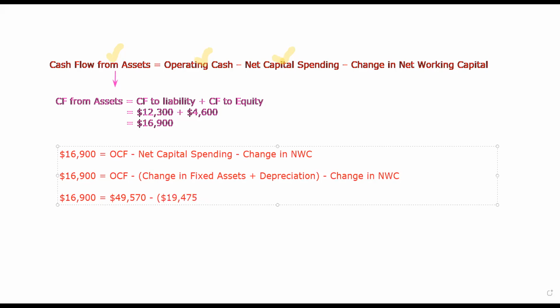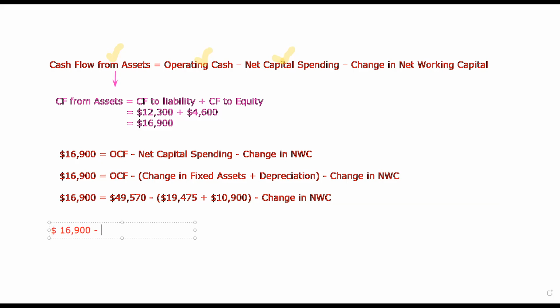Change in fixed assets: you have new assets coming in, 19,475, plus depreciation. How much is the depreciation? 10,900. Okay, then we can calculate change in net working capital. Everyone can do this already, so let me know your final values. We can finish this question, then we can call it a day. If you find it very complicated, do it step by step first.